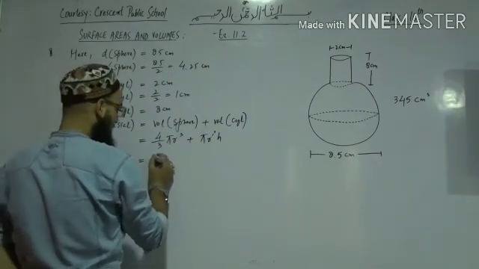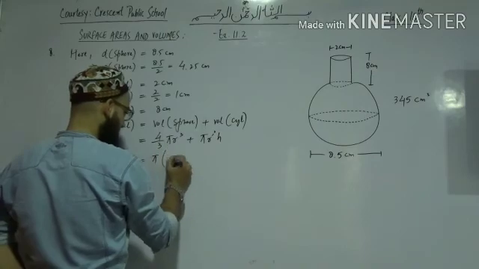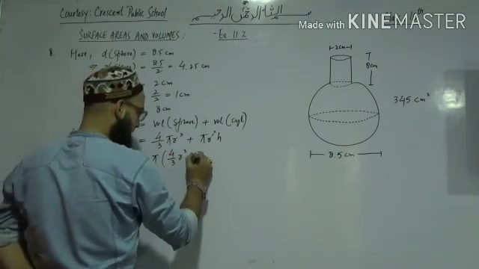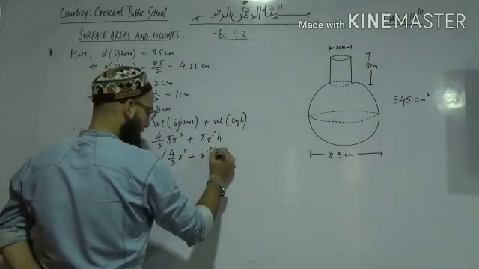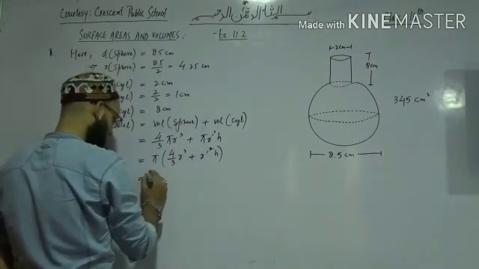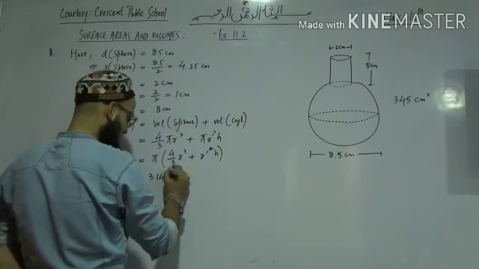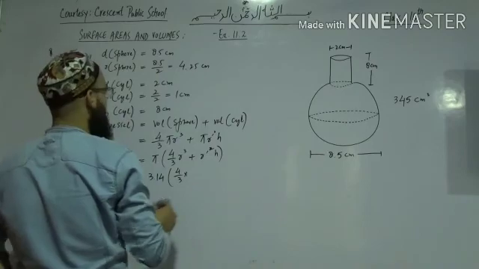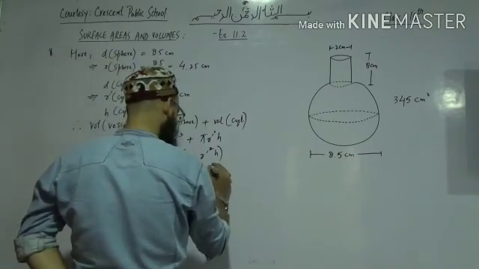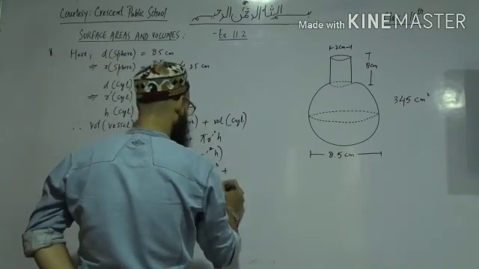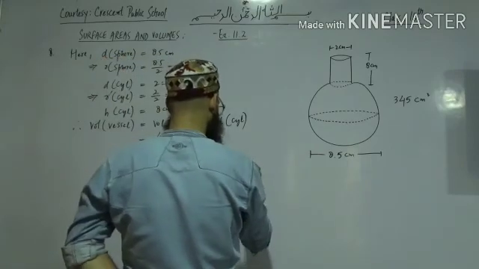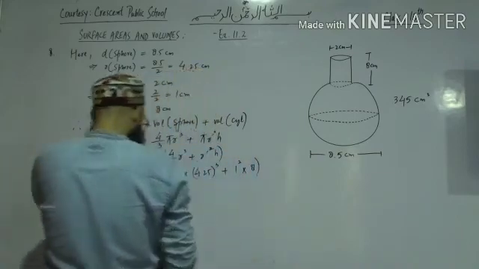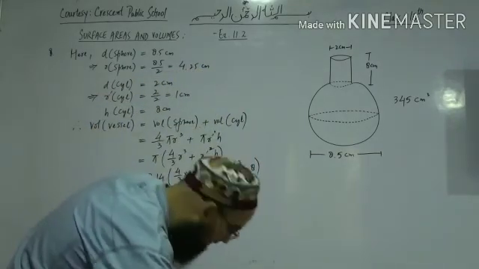So you can take only pi out, then we have 4 by 3 r cube plus r dash square times h. Use pi 3.14 times 4 by 3 times r is 4.25, cube, plus r dash is 1, squared, times h is 8. Now solve this.